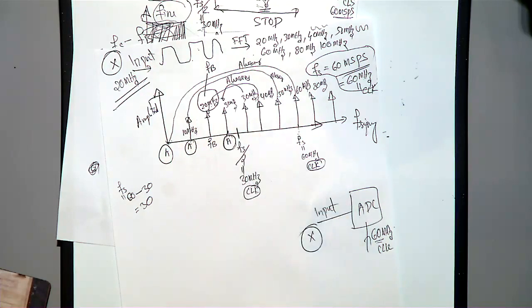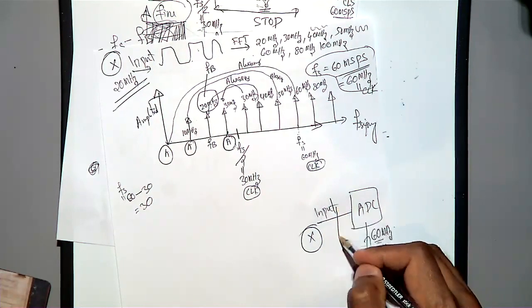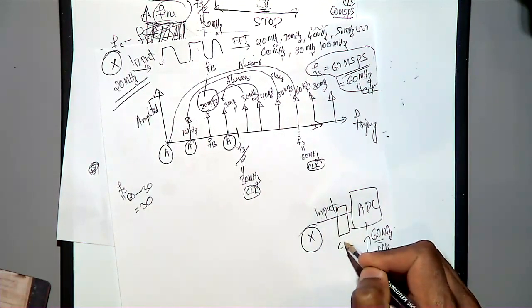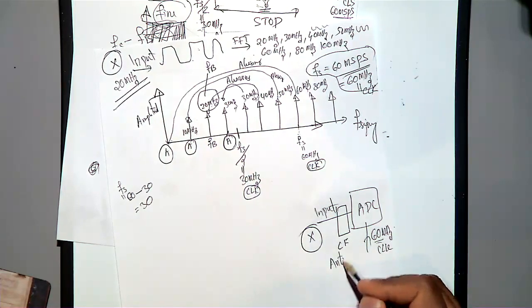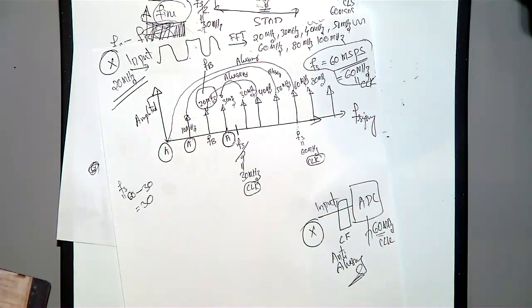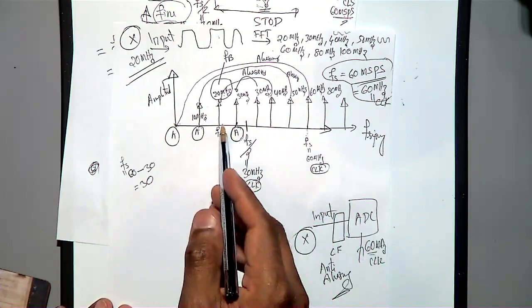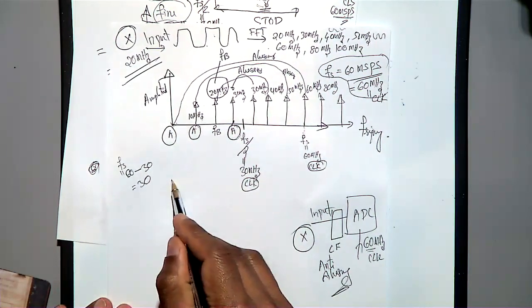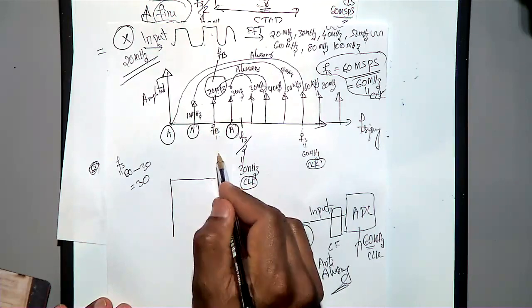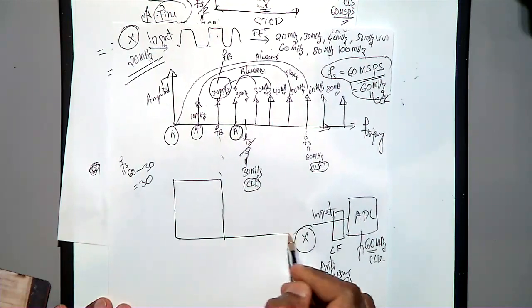So that's called aliasing. In order to avoid aliasing, people put in a low pass filter, called an anti-aliasing filter. Anti-aliasing means you are avoiding the aliasing. In this case, you are designing an anti-aliasing filter, and your signal of interest is 20 megahertz. Ideally, in the ideal world, you can have a low pass filter.